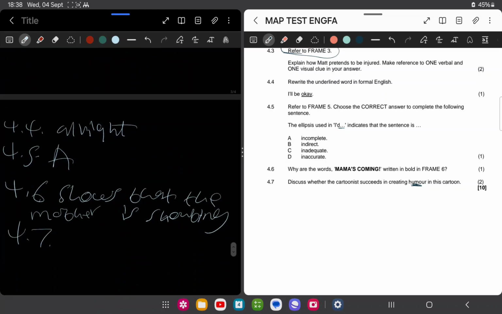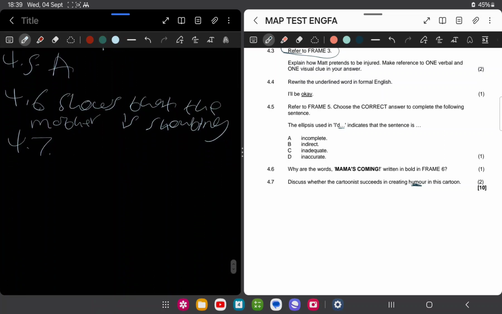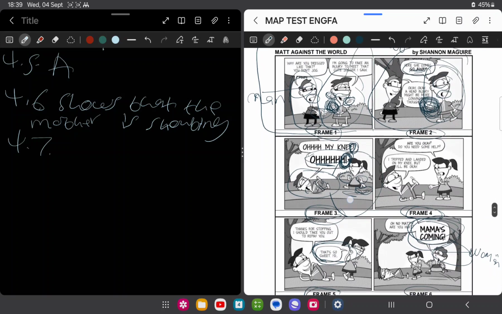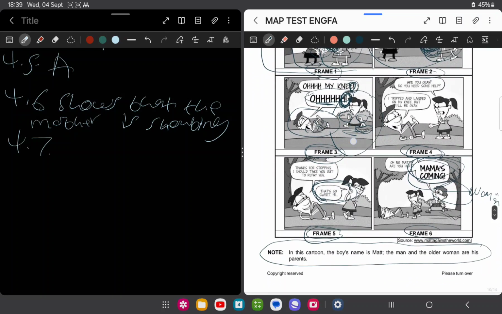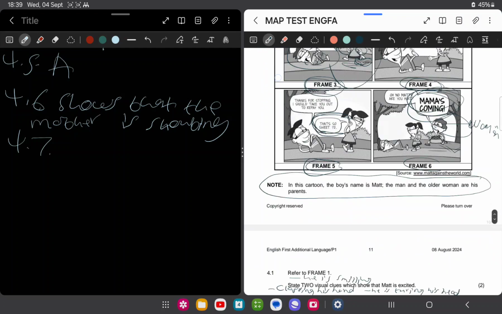The cartoonist creates humor by using irony, satire, pun, sarcasm. So you have to be familiar with those. This one is created using irony. The boy expected the full attention of the girl, but then the mother intervened.